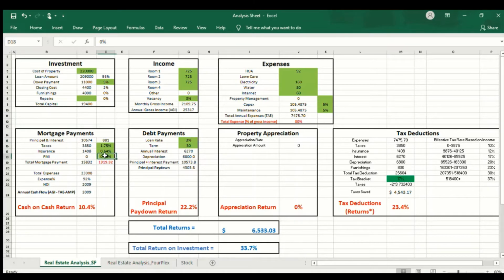So you want to make sure you have the right numbers in there before you run these numbers. PMI, I'm going to put 0.004, and I've seen this to be a typical number for me. Again, your PMI depends on your credit score and also on the lender.